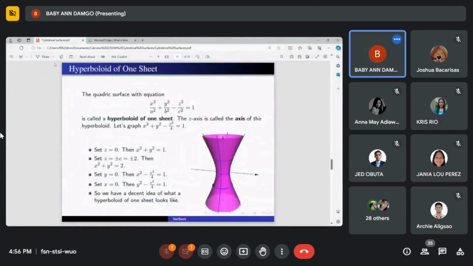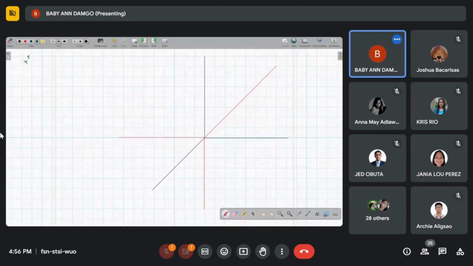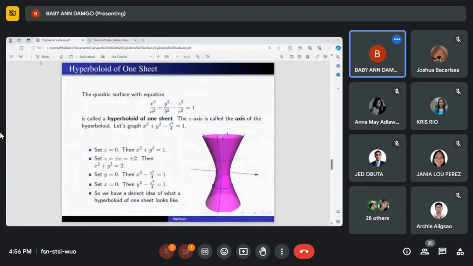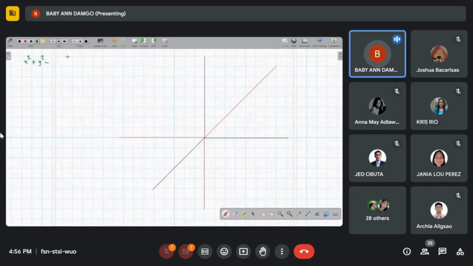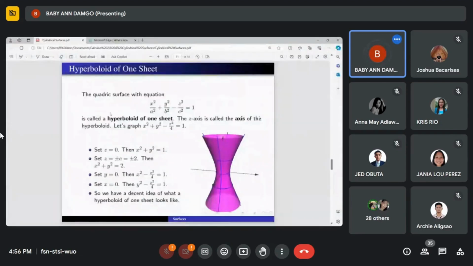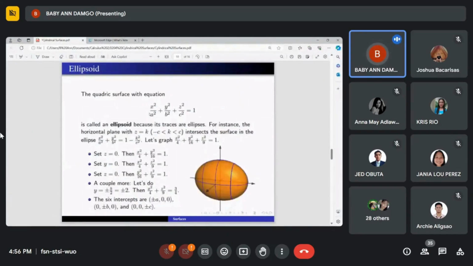We have x squared plus y squared minus z squared over 4 is equal to 1. Okay? So, remember ninyo ha, we have ellipsoid, puros na siya plus.